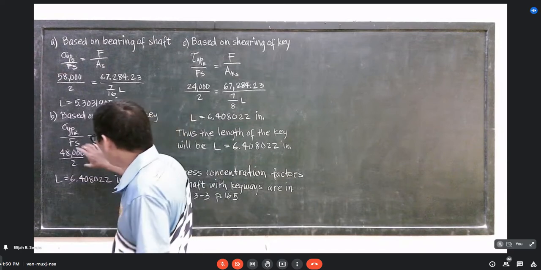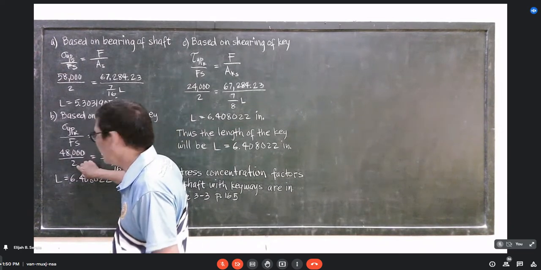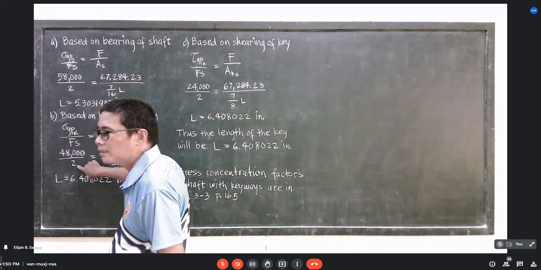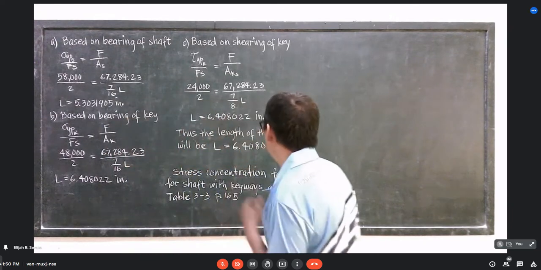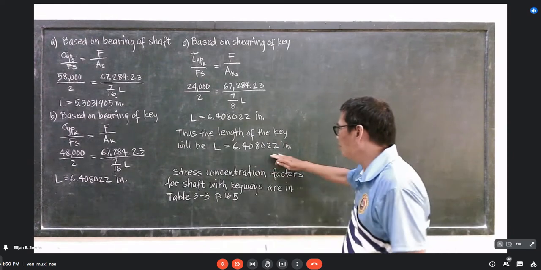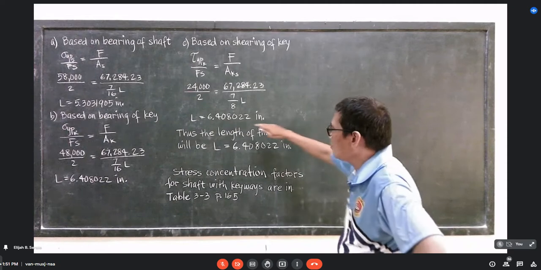If you look at the factor of safety, if this increases, then it is understood that your denominator decreases, so it makes it increase. Okay, so that should be our conclusion, that the length of the key is the bigger length.